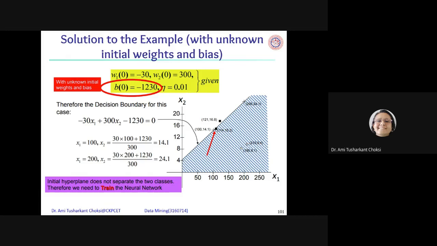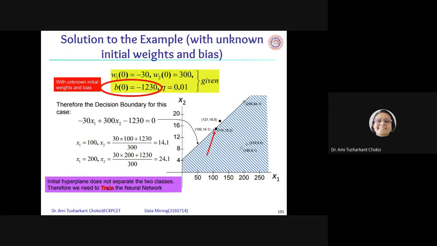These things are given, but with unknown initial weights, it is not guaranteed that they are the correct weights. The initial weight is given, but whether it is correct or not is not certain. So we need to find it by training the neural network, and then adjust the bias.